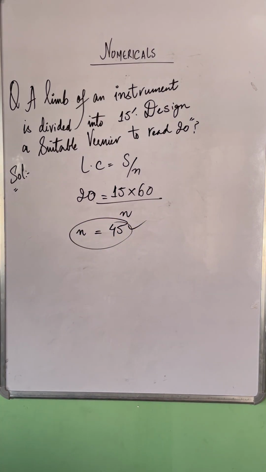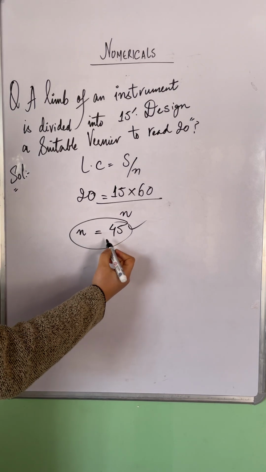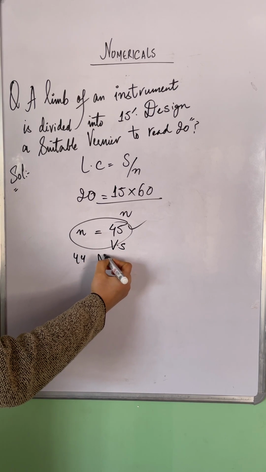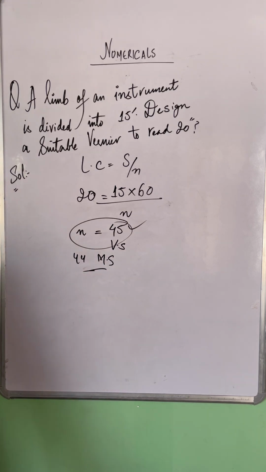My N came equal to 45. Therefore, 45 divisions of the vernier scale will correspond to 44 divisions of the main scale to form a direct vernier for this instrument. Right?